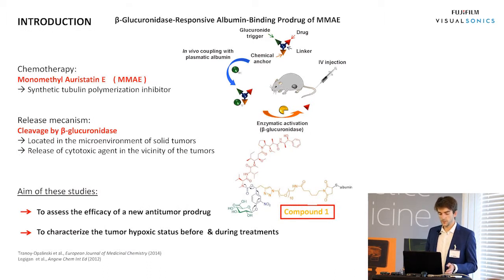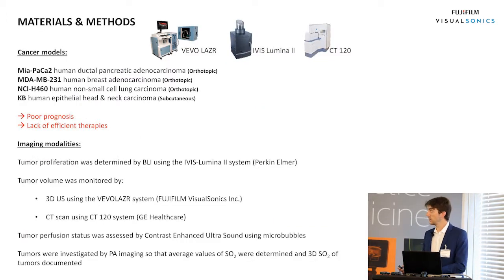So the aim of this study was to assess the efficacy of this new anti-tumor product, but also to characterize the tumor hypoxic status before and during the treatments. We used 4 different cancer models: the MiaPaCa-2 pancreatic cancer model, orthotopically implanted, the breast cancer model MDA-MB-231, the human lung cancer NCI-H460, orthotopically implanted, but also the KB human head and neck cancer, subcutaneously implanted.